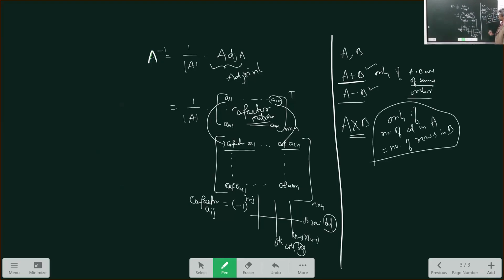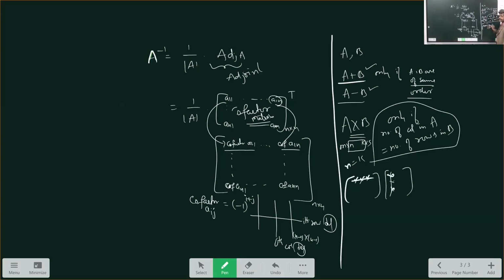If this is an M cross N matrix and this is a K cross S matrix, then if N equals K, matrix multiplication is possible. Otherwise, it is not possible. When I am multiplying the matrices, the first row is multiplied with the first column, element by element.